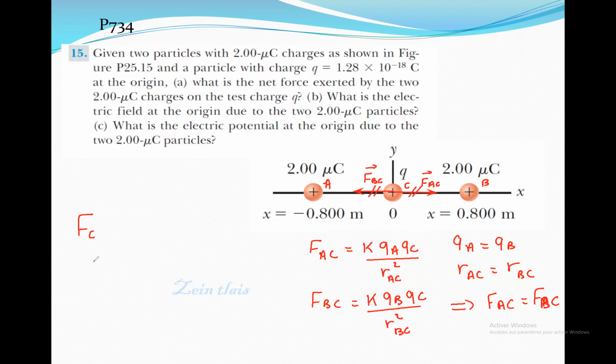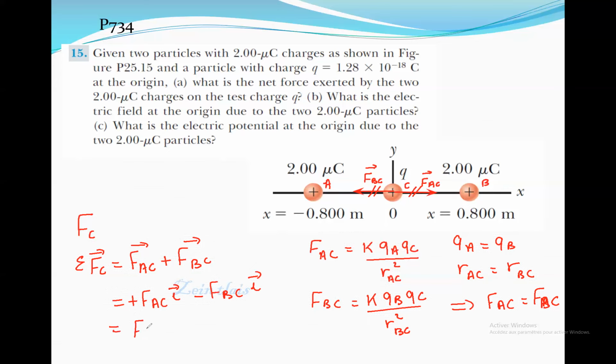Why? Because the summation of F on C equals FAC plus FBC. FAC is in the positive direction, so we have plus FAC i, and FBC is in the negative direction, so we have minus FBC i.